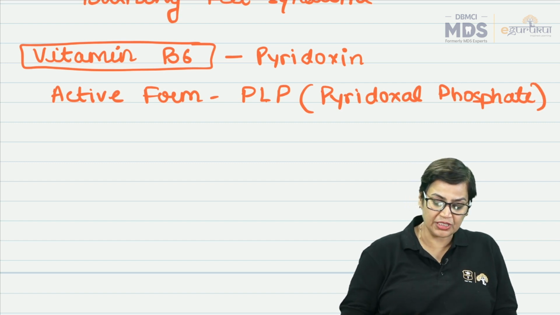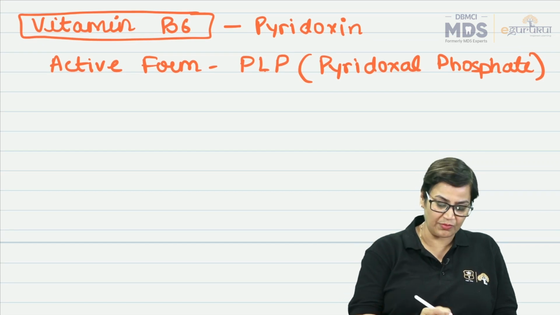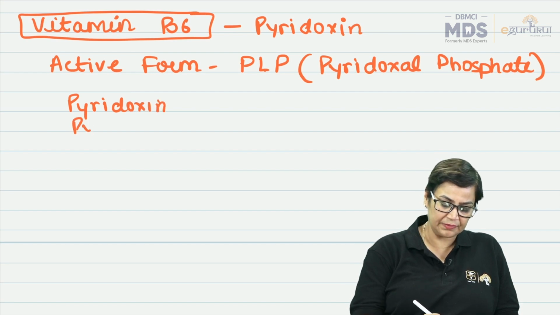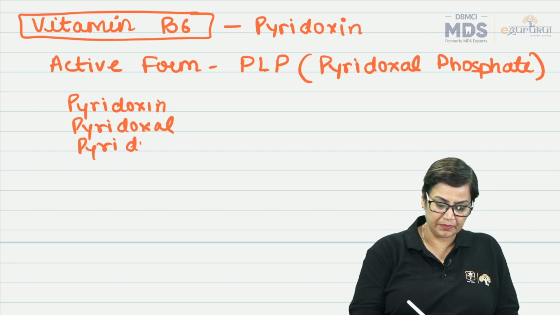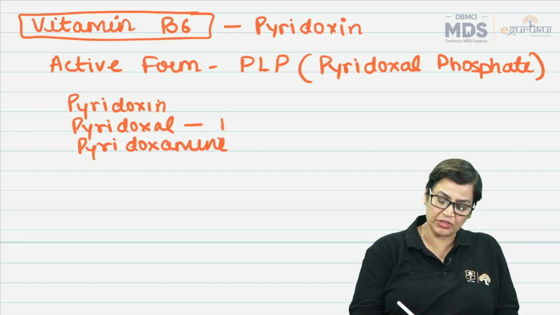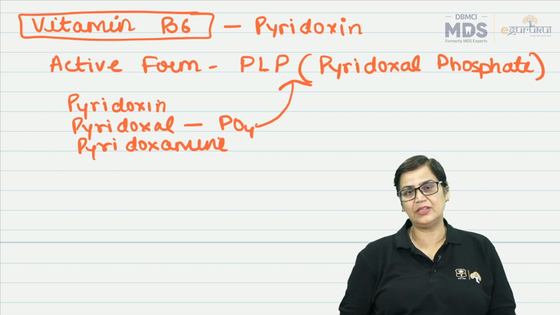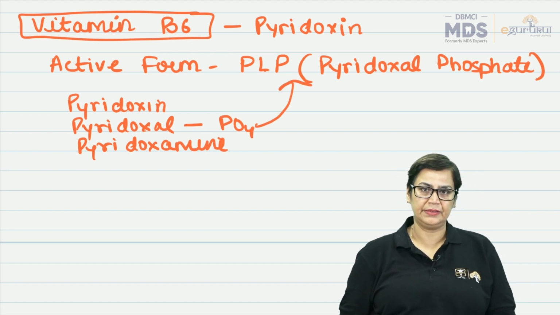Because this pyridoxine or B6 exists in three forms: one is pyridoxine, pyridoxal, and pyridoxamine. When we put a phosphate here, this becomes the active form of pyridoxine, which is PLP.